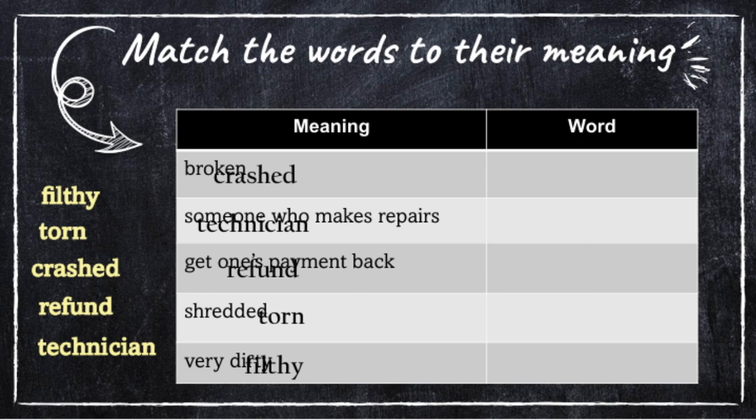Shredded is a great synonym for torn, as it implies something has been ripped into pieces, and very dirty is the meaning of filthy. Understanding these connections helps us see how the words relate to everyday situations, especially when dealing with problems, repairs, or dissatisfaction. Recognizing these words and their meanings is key to improving our communication and handling such scenarios effectively.